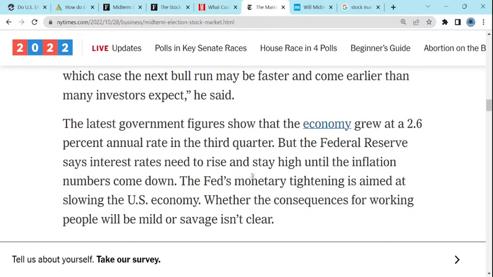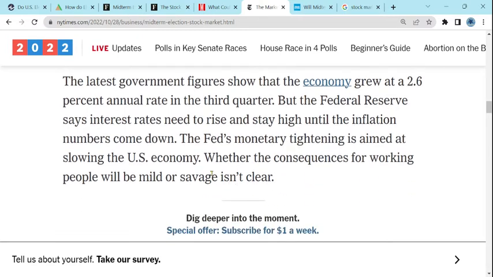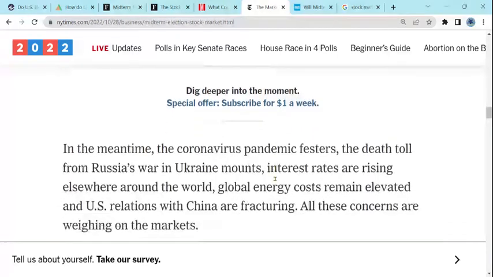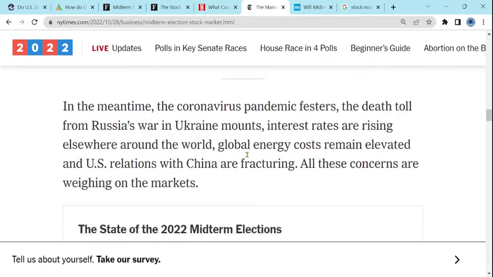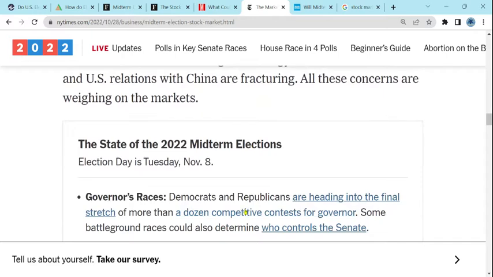The Fed says interest rates need to rise due to high inflation. The Fed's monetary tightening is aimed at slowing the U.S. economy, and if the consequences for working people will be savage or mild isn't clear. In the meantime, we've got the pandemic, Russia's war in Ukraine, interest rates rising, global energy costs elevated, U.S. relations with China fractured, so a lot of negativity, uncertainty.